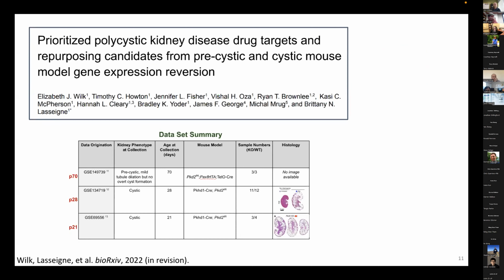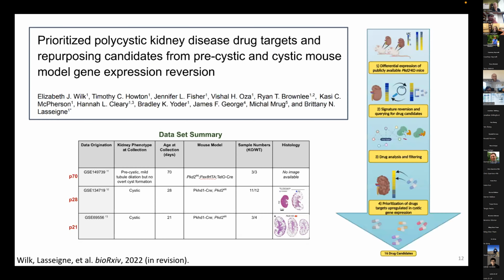The first one is a pre-cystic model, and the P70 and the P28 and P21 are both cystic models. You can see here on the screen available histology images for the P28 and P21. What we wanted to do was leverage these data sets to compare differential expression in pre-cystic versus cystic conditions, and then identify and prioritize potential drug targets and drug candidates.